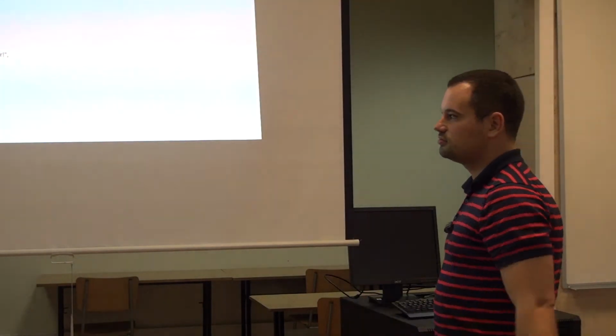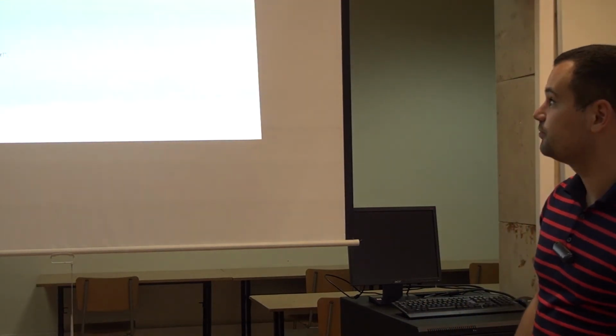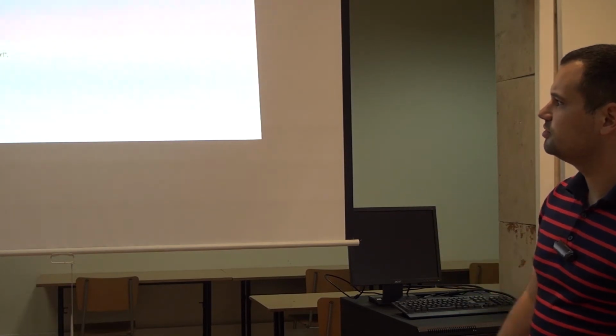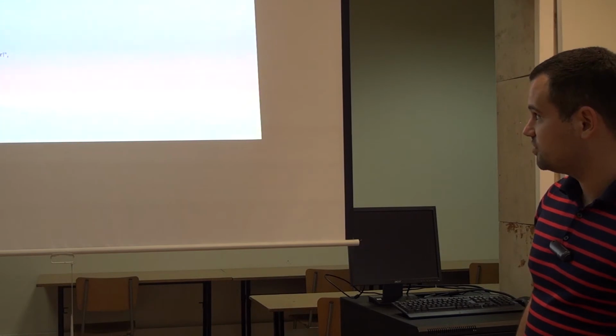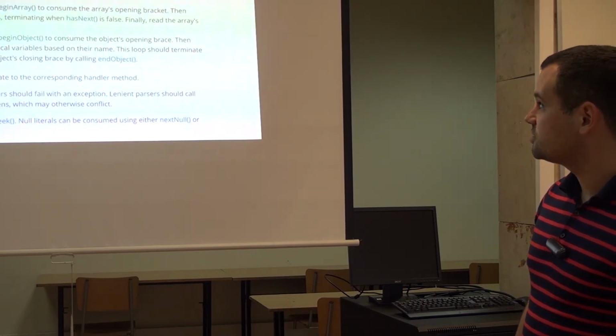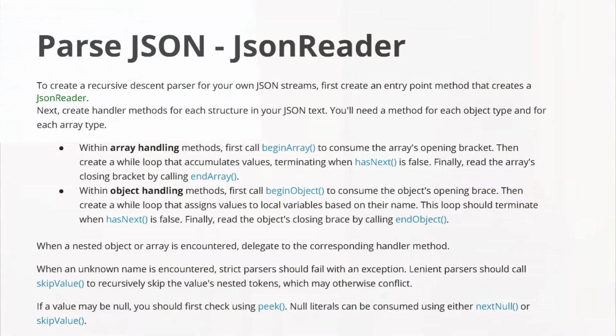Again, we receive it like this in the body, and we have to parse it. It's a little bit different example because I get it from the Android site. The JSON reader is something new, something which they introduced lately on the Android platform.